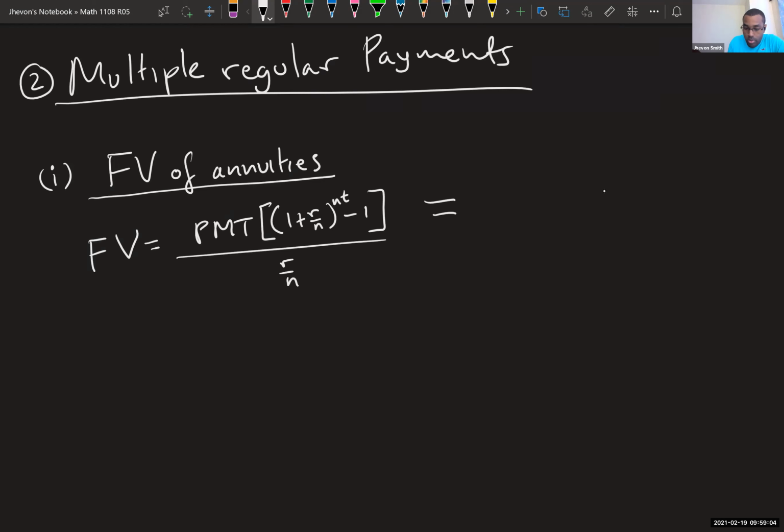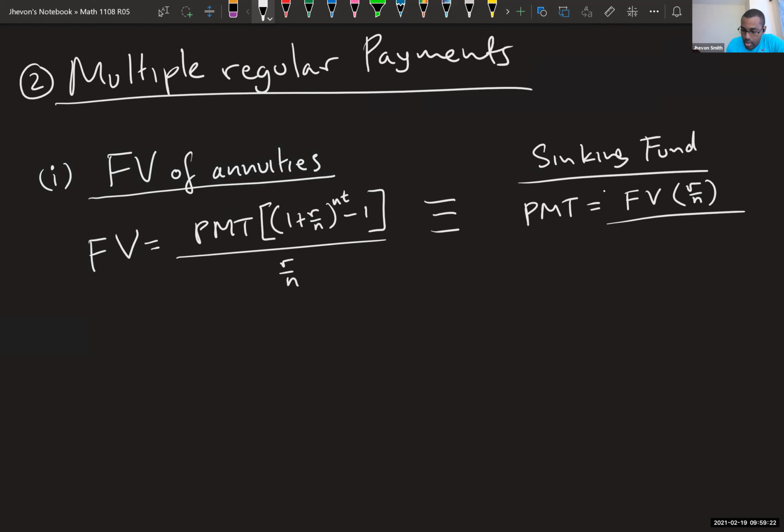This is, of course, equivalent to something that we call the sinking fund formula, which is the same formula. We just change the subject of the formula, right? So this is when we solve for payments. The FV is on that side, the R over N is here, and the (1 plus R over N) to the NT minus 1 is here. Okay. So that's the sinking fund formula.